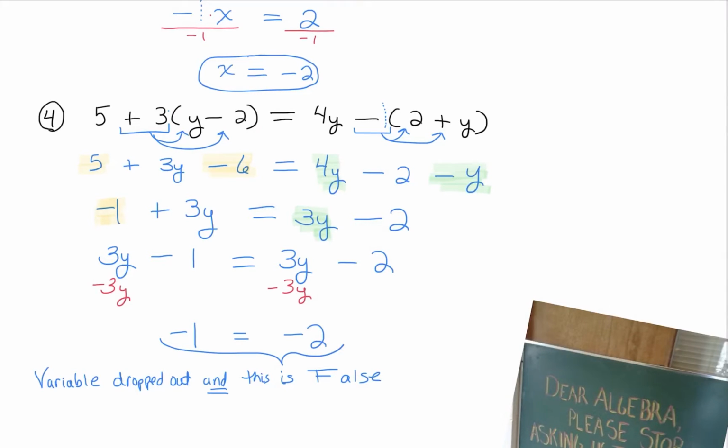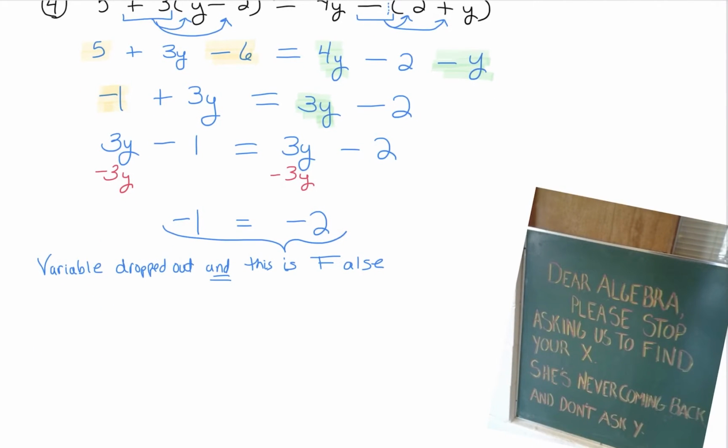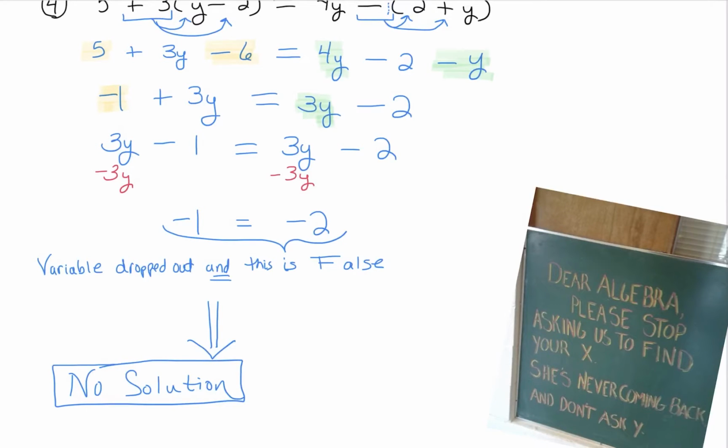So when the variable term drops out and what is left is a false statement, this means your equation has no solution. You can either just say no solution, or this is sometimes called a contradiction. I kind of just like no solution personally, but you should see the other vocabulary.